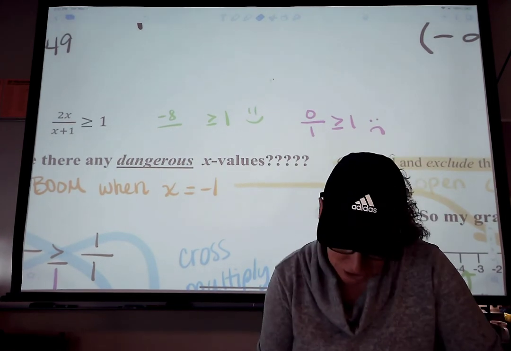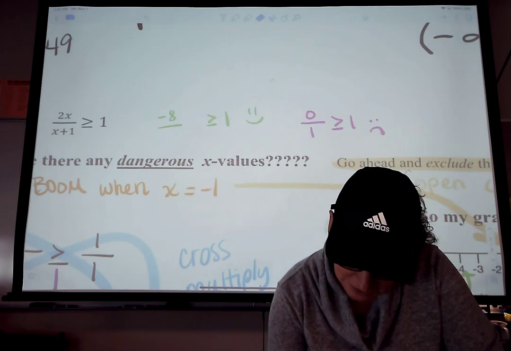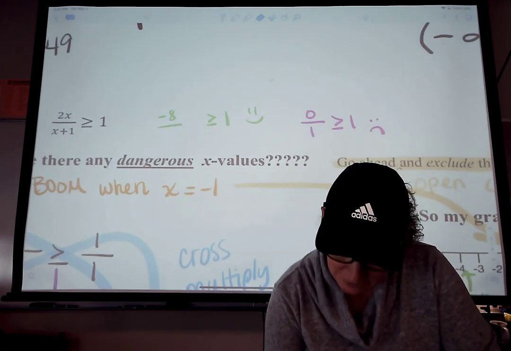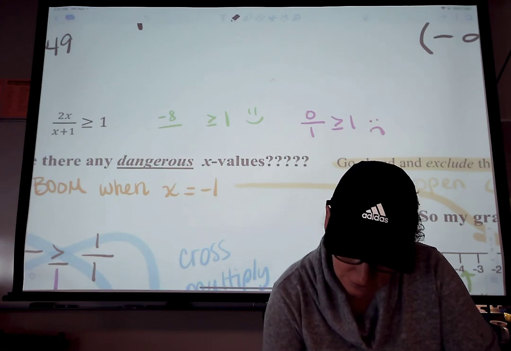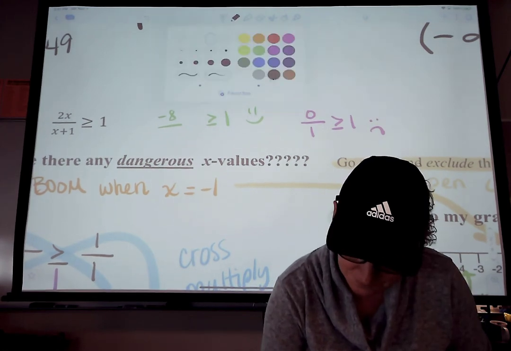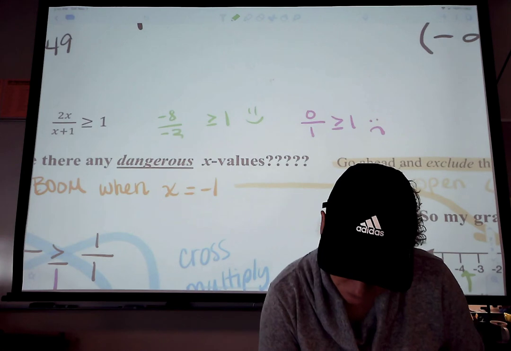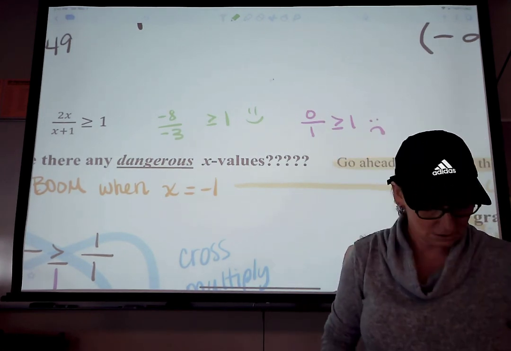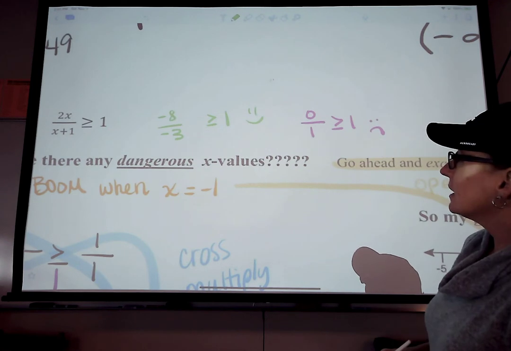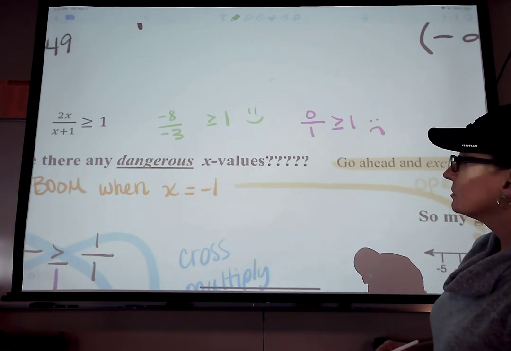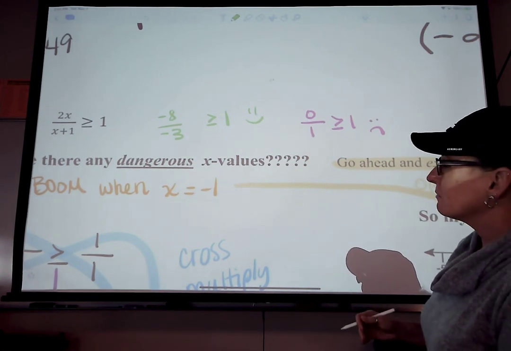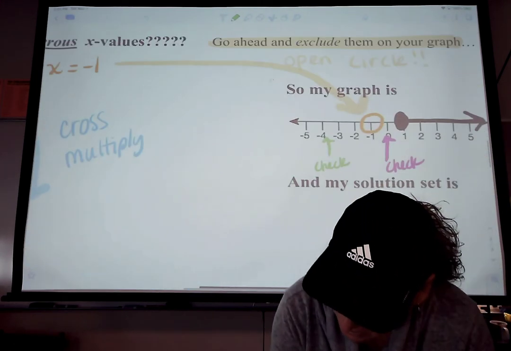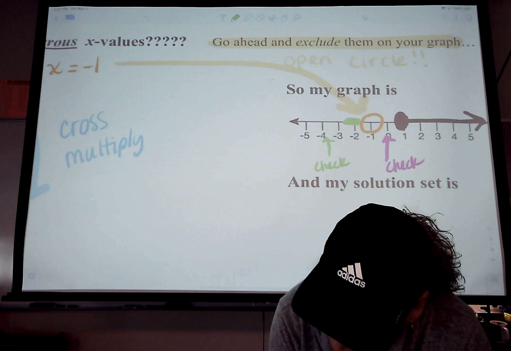So what if I choose negative 4? 2 times negative 4 is negative 8. Negative 4 plus 1 is negative 3. And turns out negative 8 divided by negative 3 is positive 2 point something. So the green region does work. Okay. Color this in.